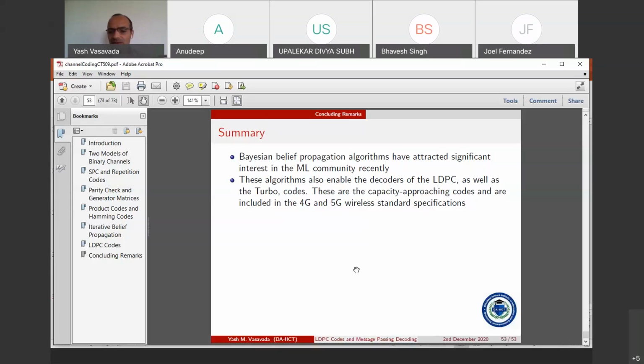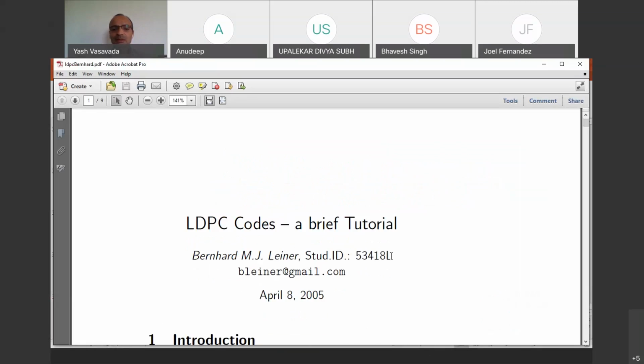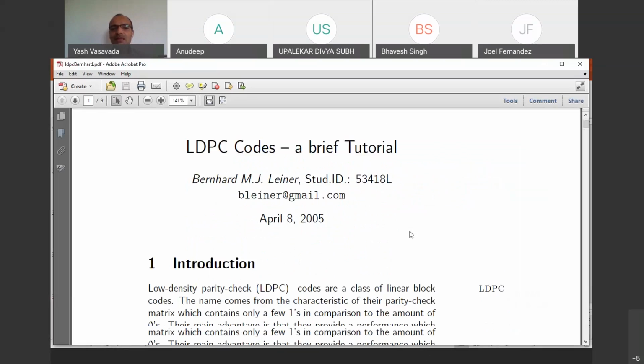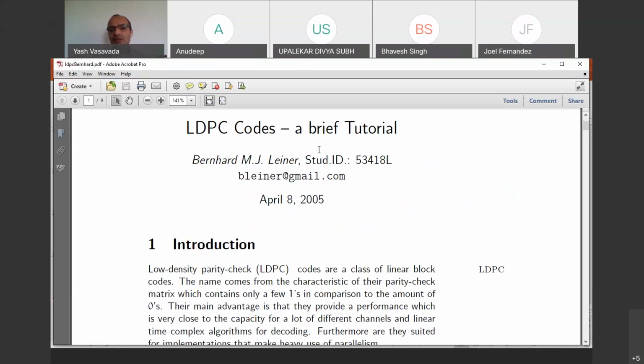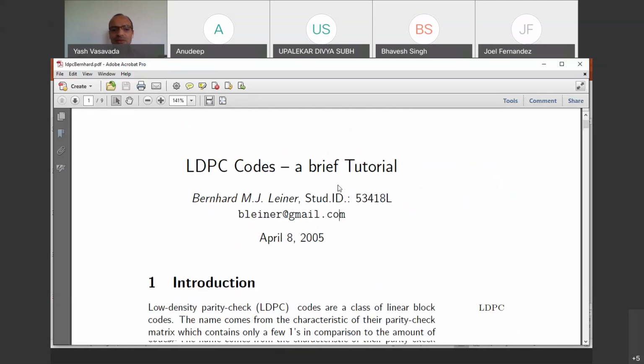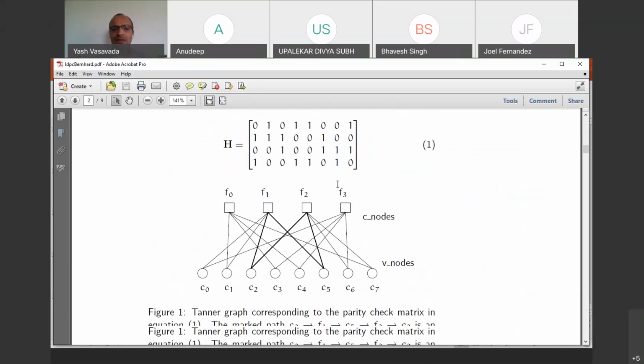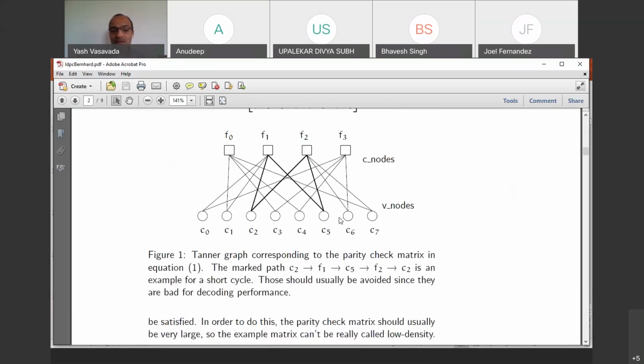We will not look at it today, but instead I want to look at a paper written by Bernard Leonard. He has actually done a very good job. Maybe he wrote this as his student project paper, but he has done a very good job of defining these LDPC codes, the variable nodes and the check nodes for this type of H matrix.